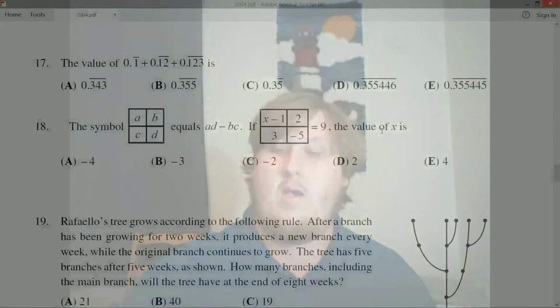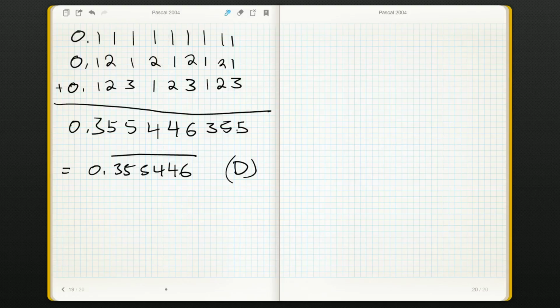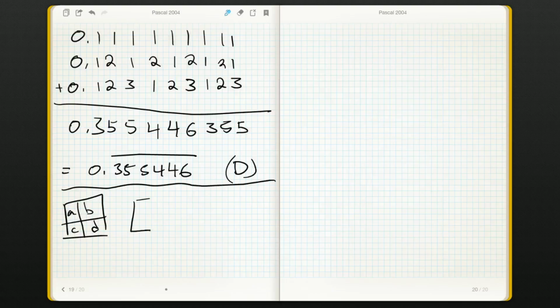One thing I would like to say, however: this arrangement A, B, C, D as a square equaling this value, if you're doing a grade 9 contest, odds are you're not going to know this stuff. This is very similar to what are called matrices, which are rectangular arrangements of numbers.